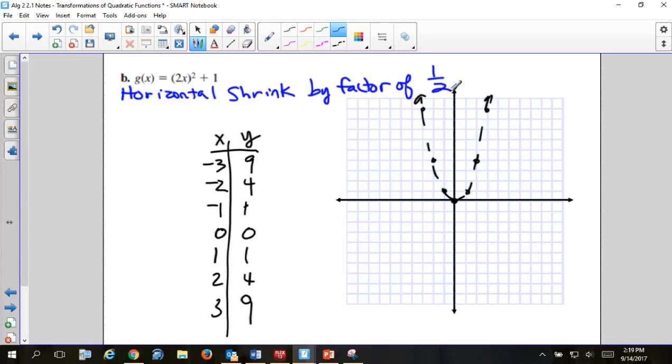So we get that out of the 2. And then what's the plus 1 tell us? Translate where? Is it inside parenthesis or not? Inside or outside? Outside. So what is it? Up.